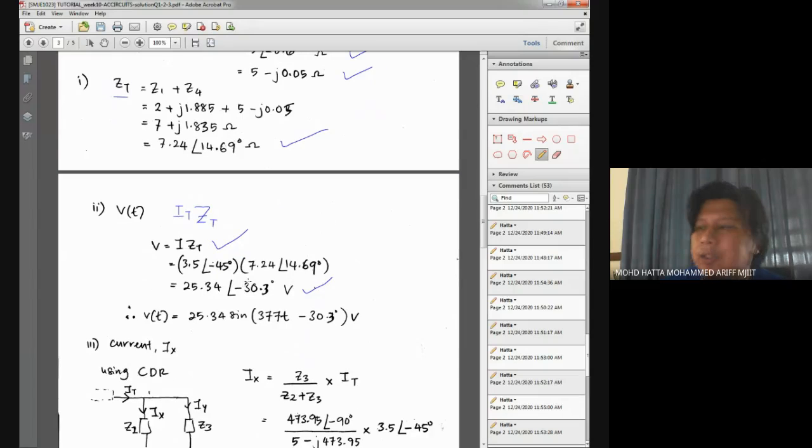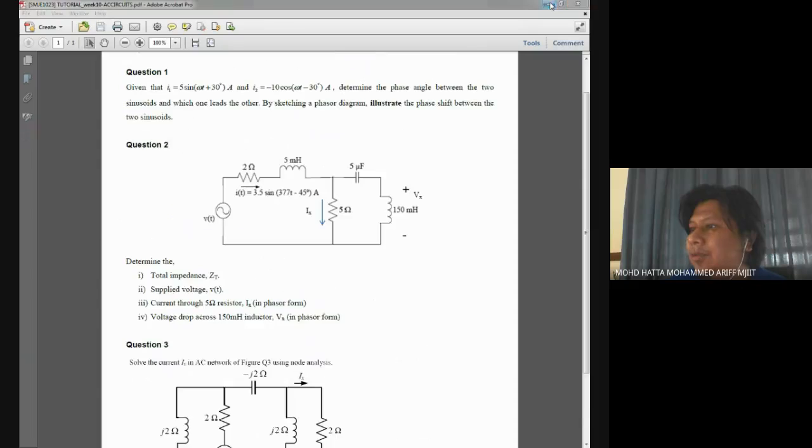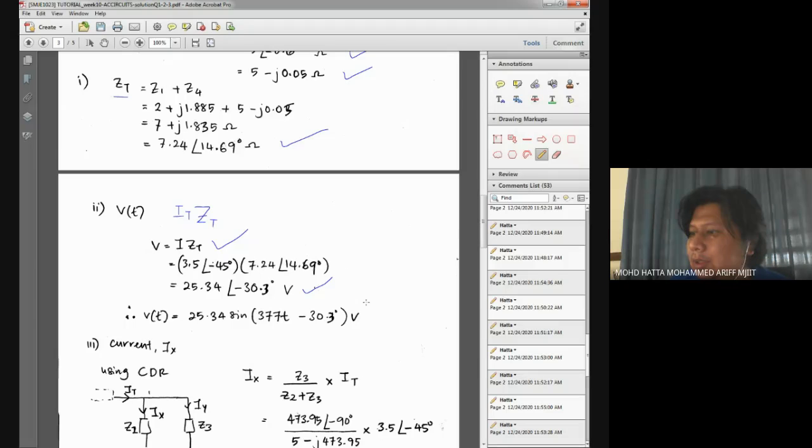And since you see in the question earlier, supplied voltage V of t means that you need to write your answer in sinusoid form. So here I also convert my answer. First, I get my answer in polar form and convert it into sinusoid form.